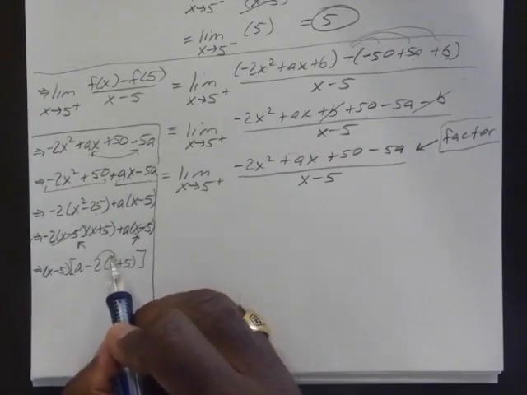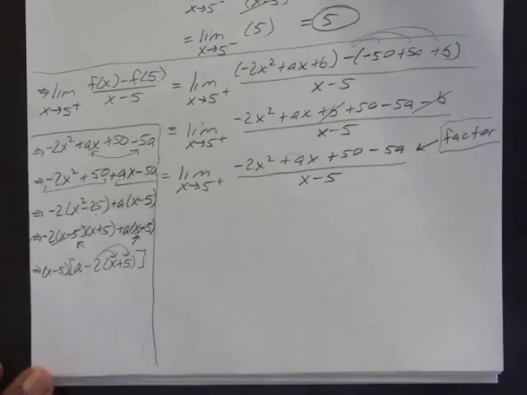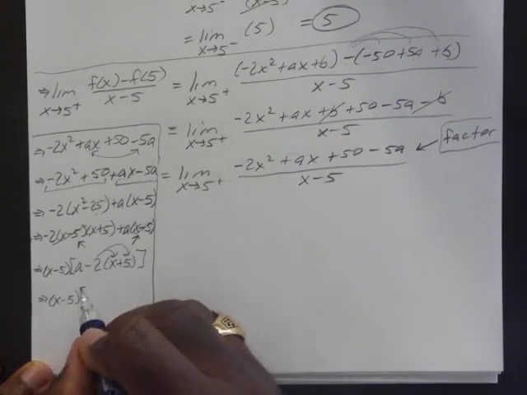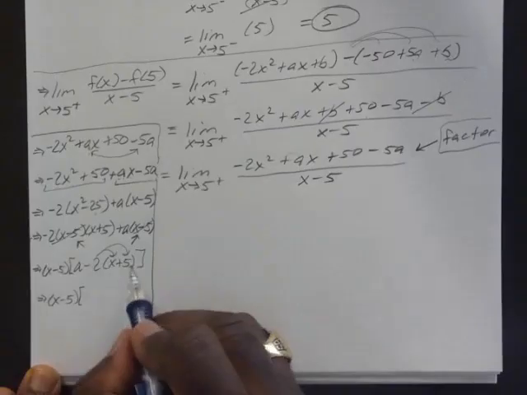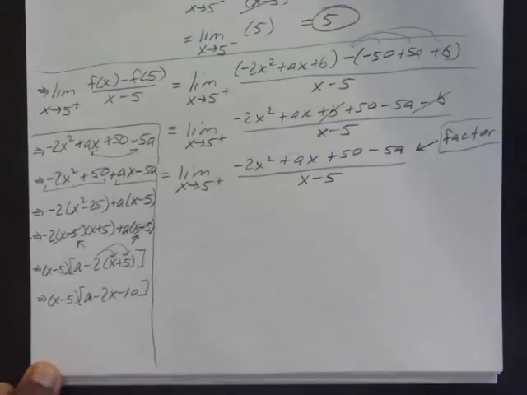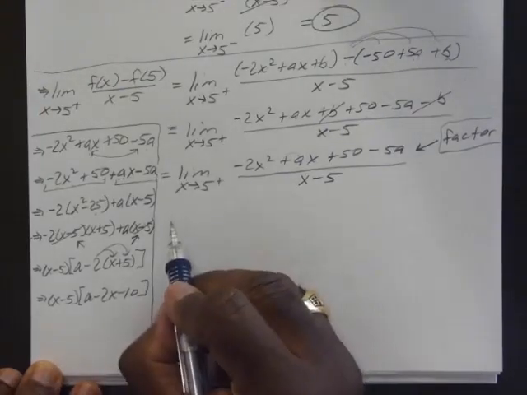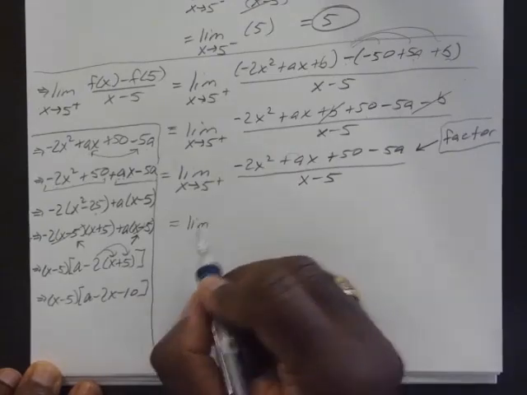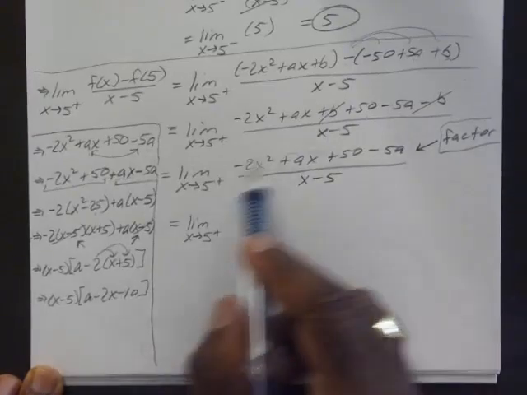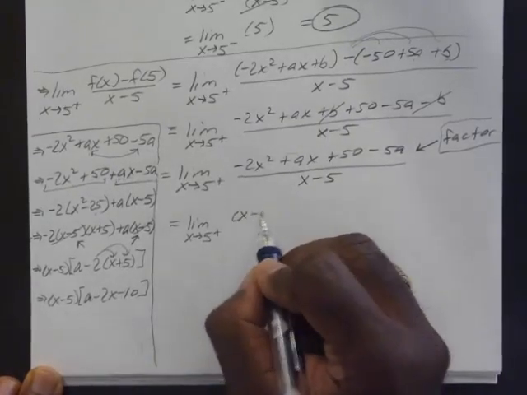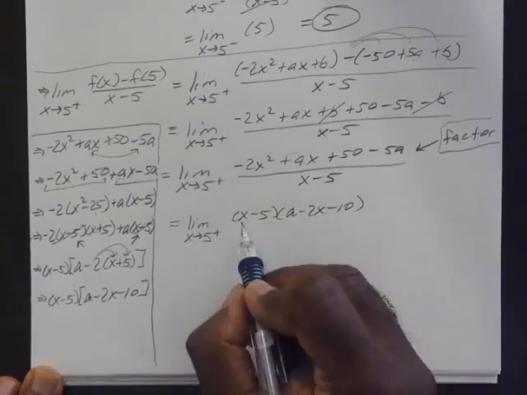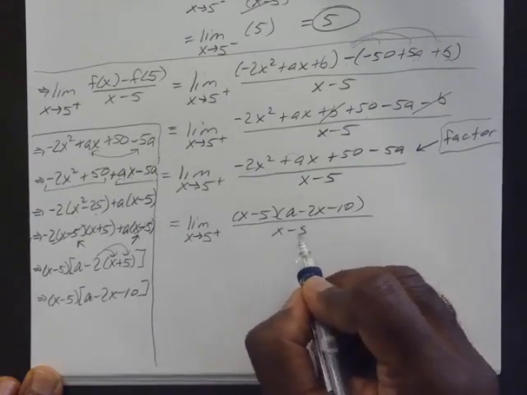So if we distribute that negative 2, that gives us x minus 5 times a minus 2x minus 10. So this is the limit as x approaches 5 from the right, replacing all of this up here with x minus 5 times a minus 2x minus 10, all divided by x minus 5.